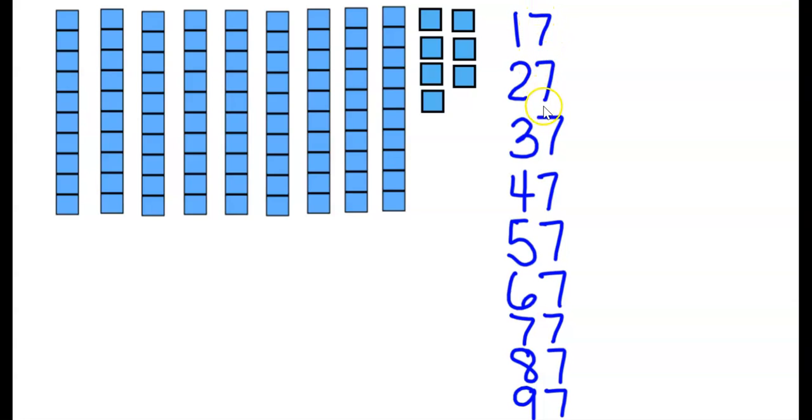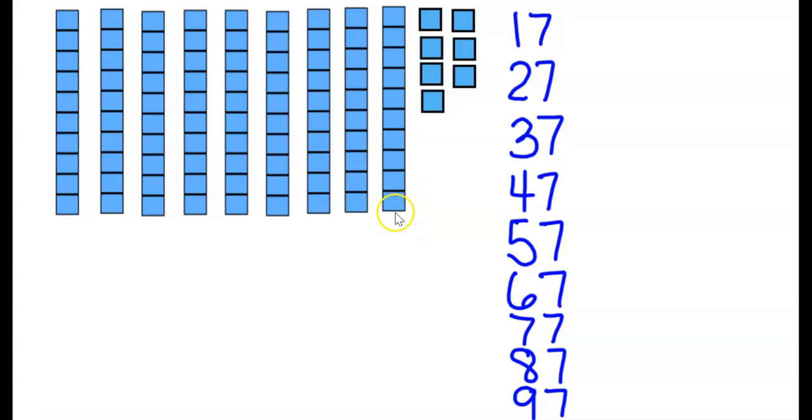The ones digit stayed the same. Why did it stay the same? We did not add any more ones, did we? Which digit increased? That's right, our tens increased every time that we added one of the 10 rods.